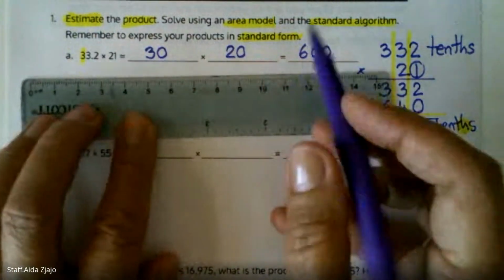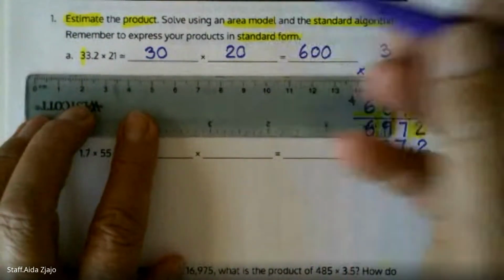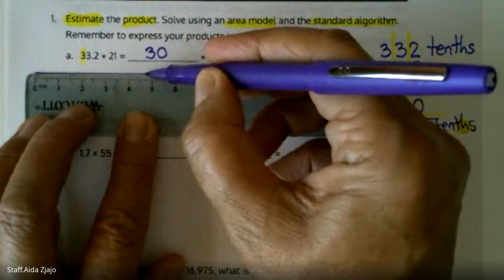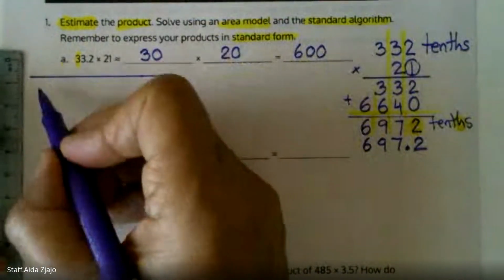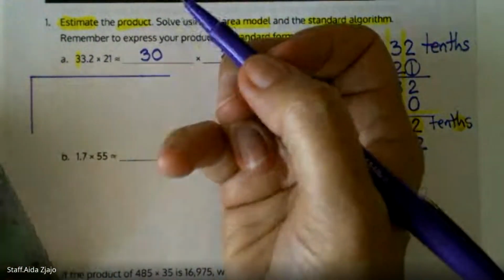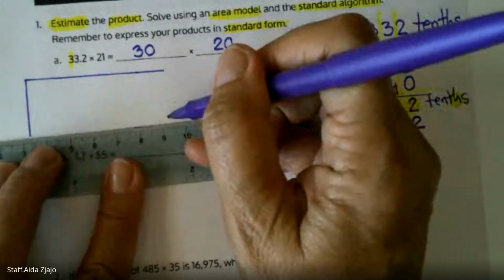And if they want an area model, I will try to make it. So let's draw an area model. I'm going to make it smaller.